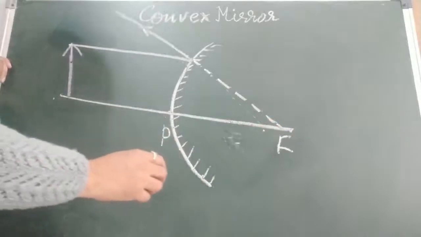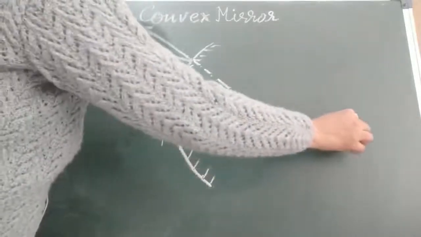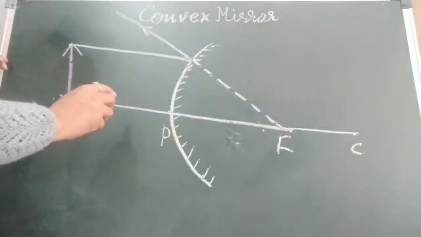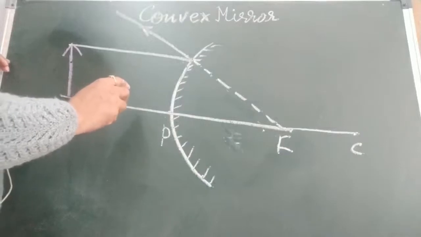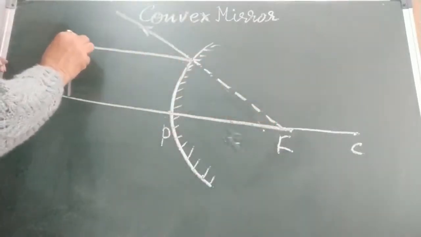Okay. And here is the center of curvature. Now, the second ray, as I told you, passes through the center of curvature.